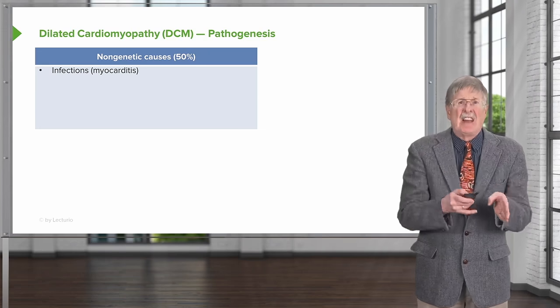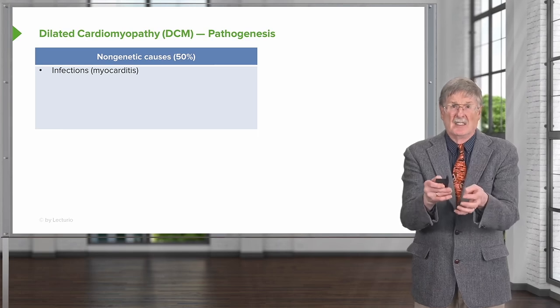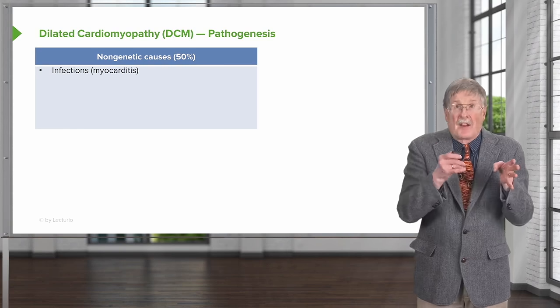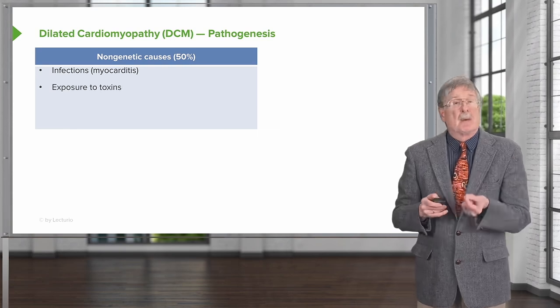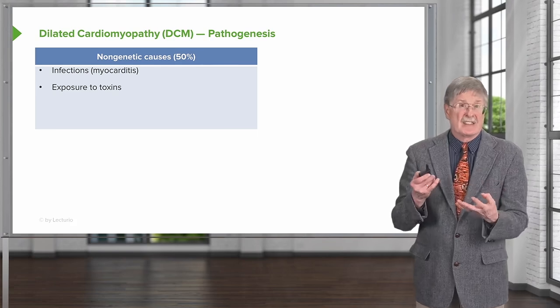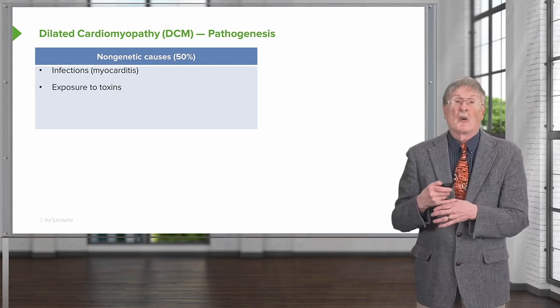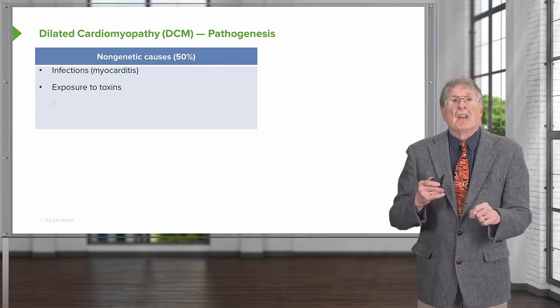You may not even have recognized the original infection of the heart muscle, but the consequences that we can see downstream will nevertheless chronically progress. Toxic exposures, and this can be a variety of chemotherapy agents, this can be heavy metals, this can be alcohol and alcohol use disorders. So all of those can cause it.